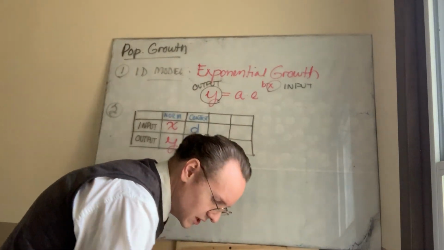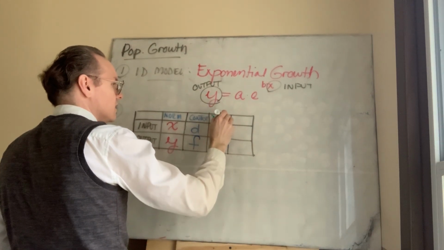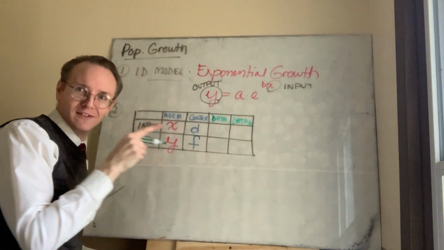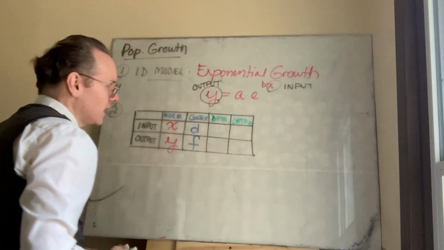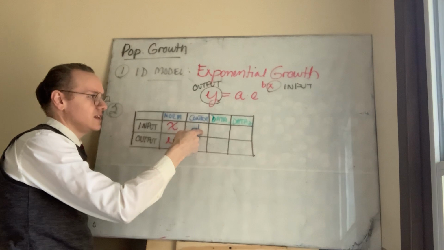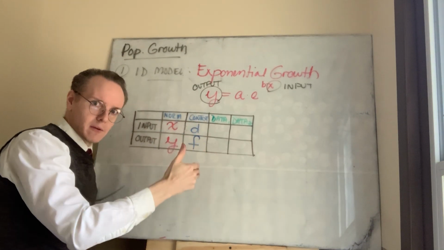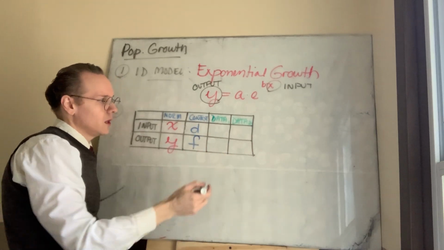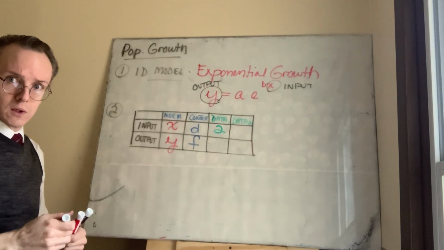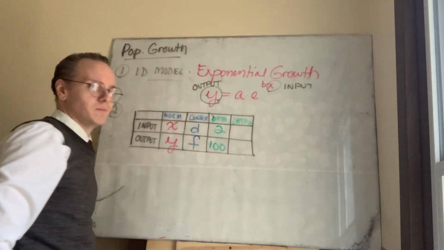And then there are some data points that I labeled as data 1 and data 2. In the context of the problem, if D, days, is the input, the first amount of days quoted is 2 days, and the number of flies that correlates to it is 100.